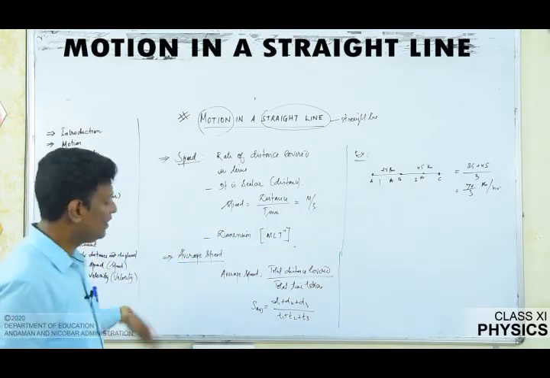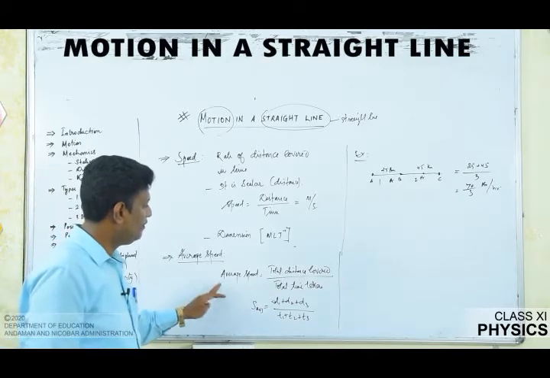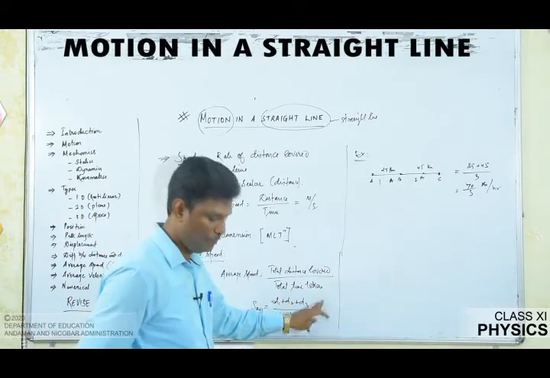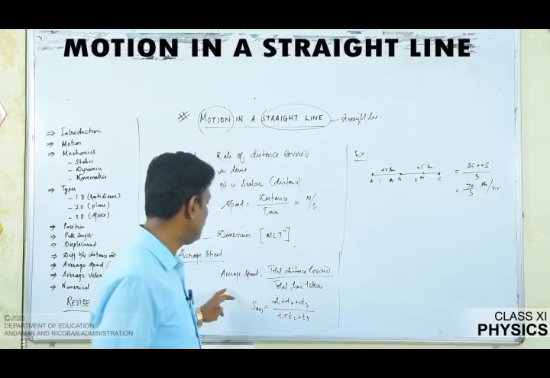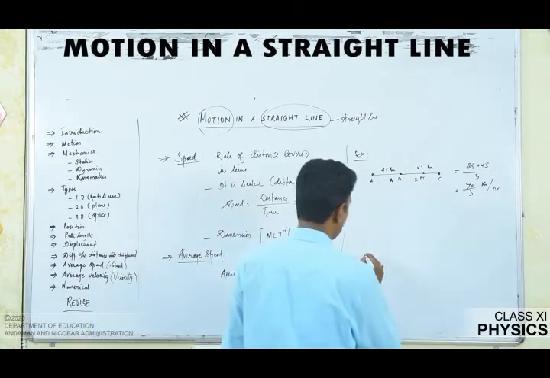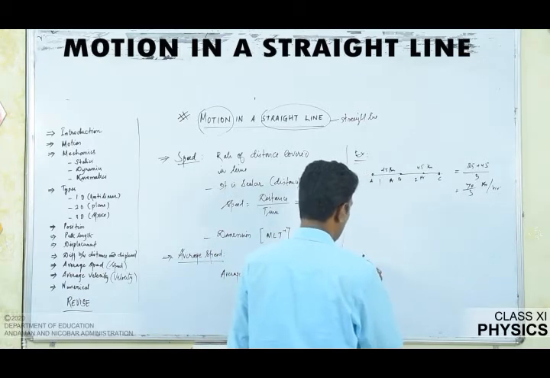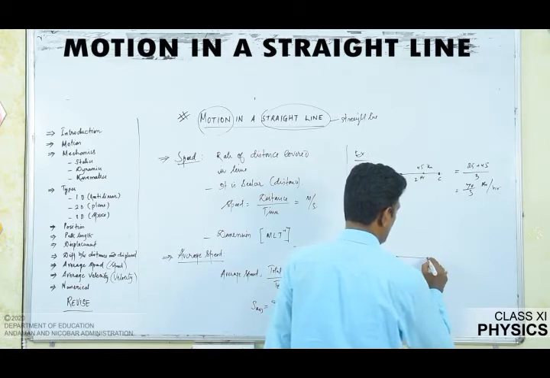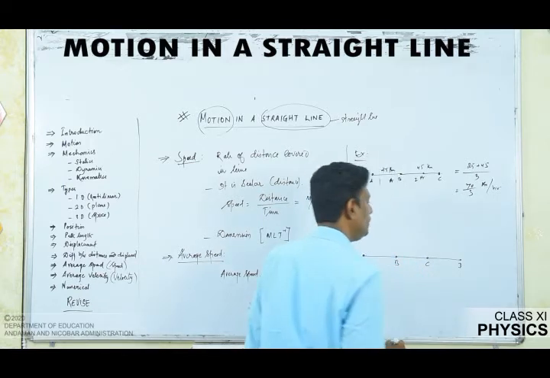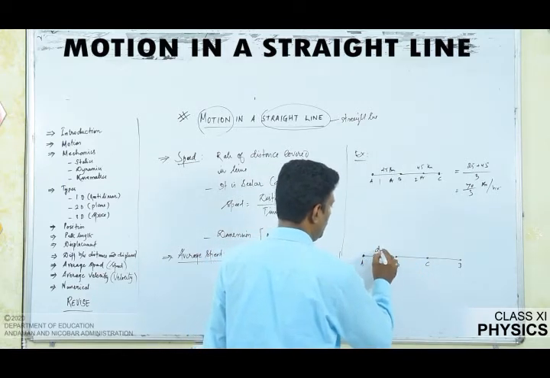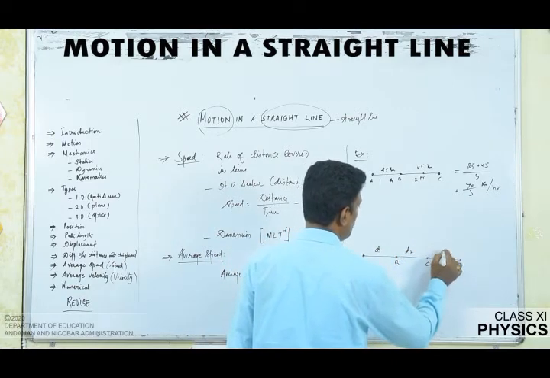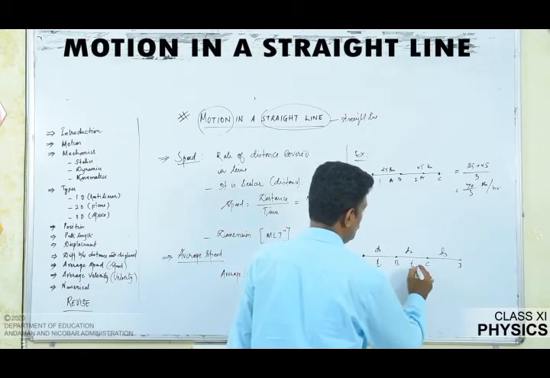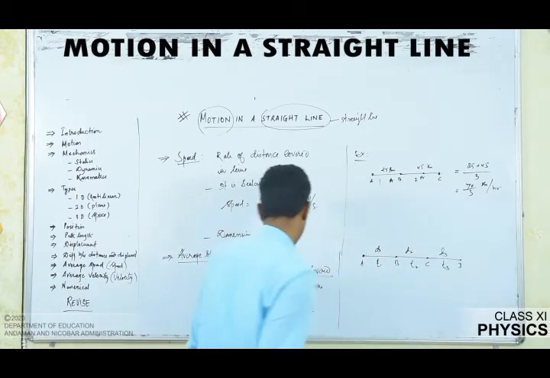What is the average speed? Average speed is equal to total distance covered by total time taken. In order to calculate the average speed, let us again take an example. A body is moving from A to B, B to C and C to D, covering distances D1, D2 and D3, taking times T1, T2, T3.